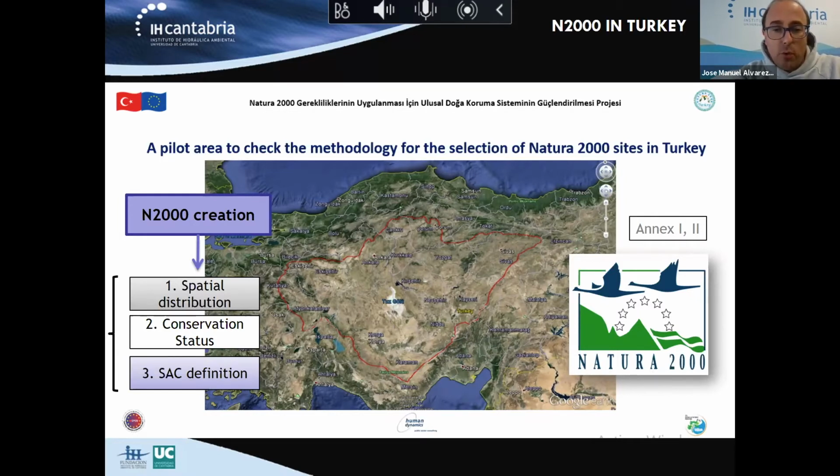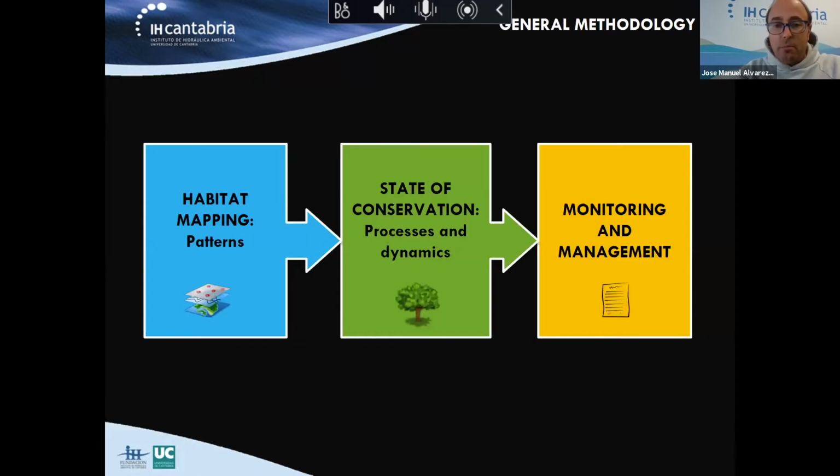It was a very beautiful exercise, quite demanding on time and effort, but we followed the same procedure. This is the general methodology.